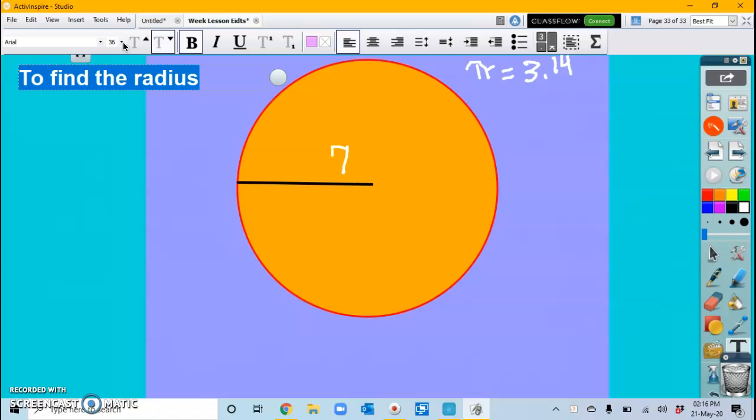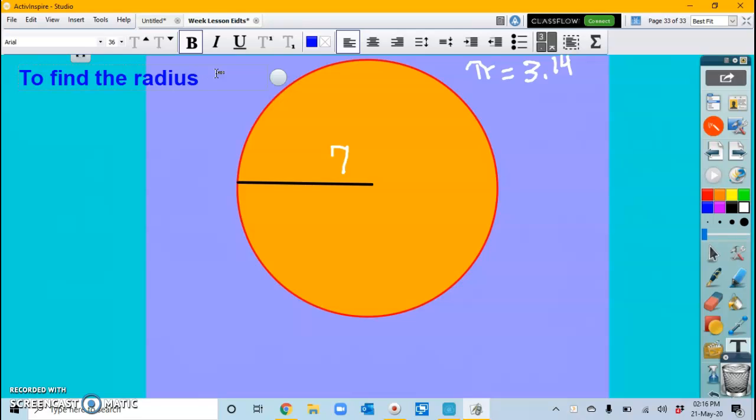No, sorry. I need a bright one. There we go. To find the radius, you multiply by 2. I mean, to find the radius, you divide by 2. Sorry.